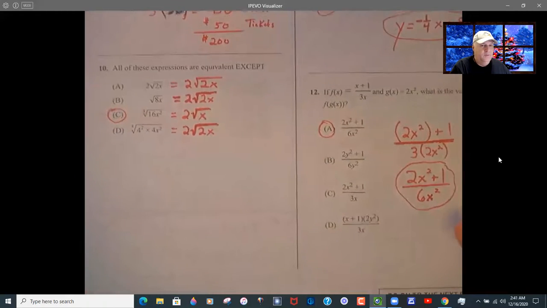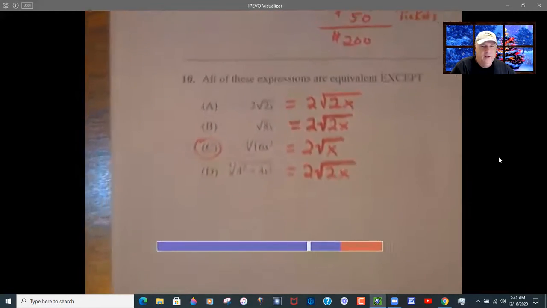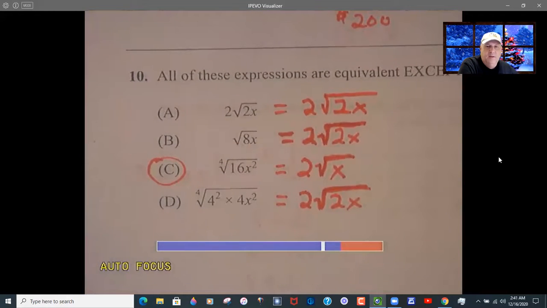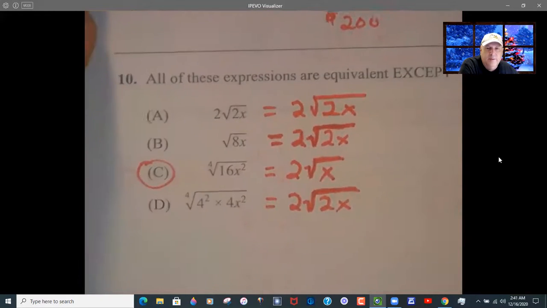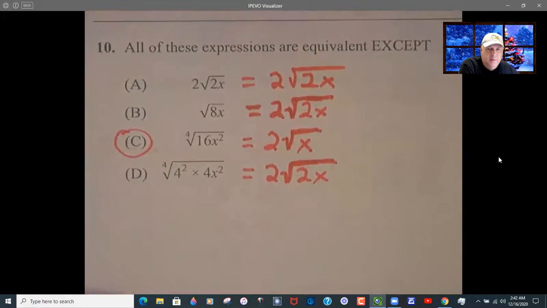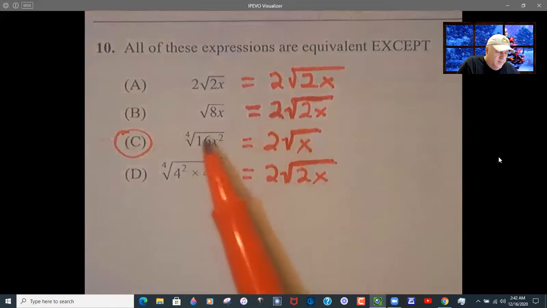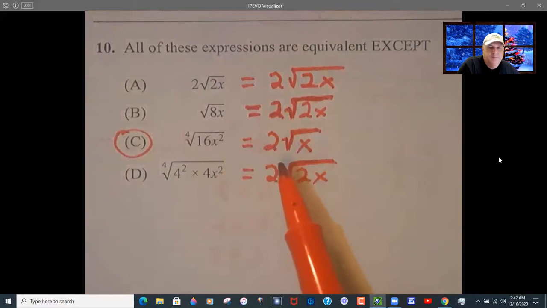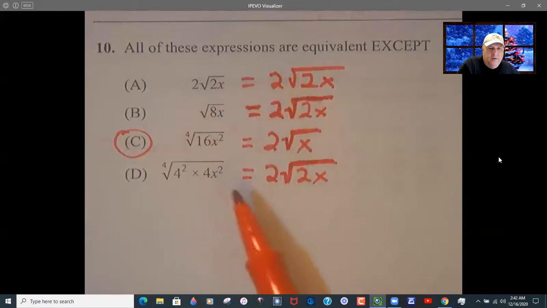So they put these hard ones on here to separate the less able math students from the good math students, the great math students, we'll say. And so the best way to approach it, the 4th root of 16 is 2. So none of these others reduce to 2. That's probably the best way to think about this.